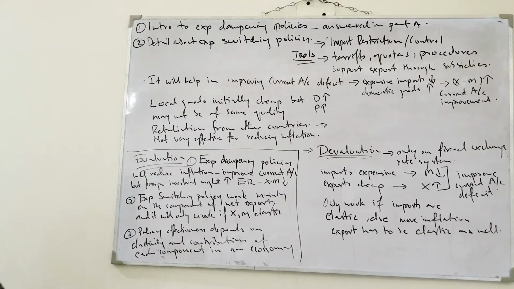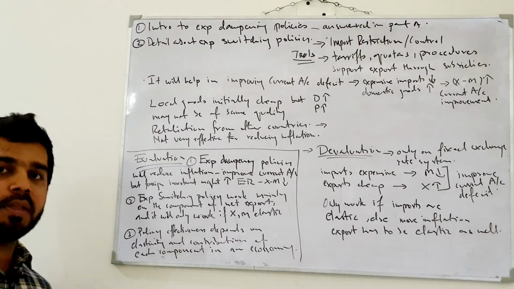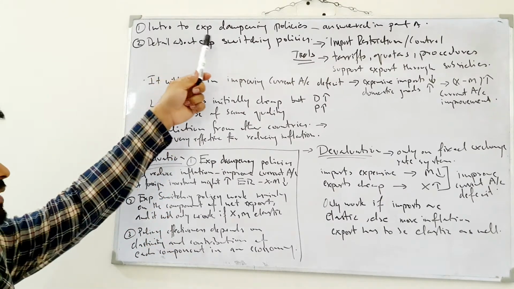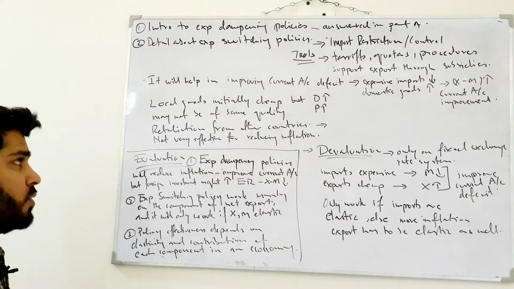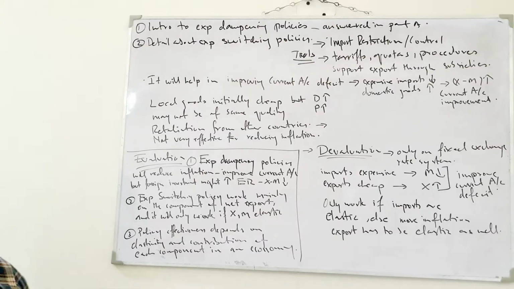So this question is quite technical to answer. So here it is, by the way, this is a 12 marks part, so we'll answer it accordingly. As we have answered in detail about the expenditure dampening policy in part A, you just need to give a brief introduction of what expenditure dampening policy is.